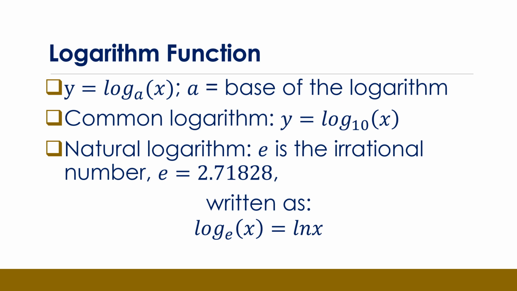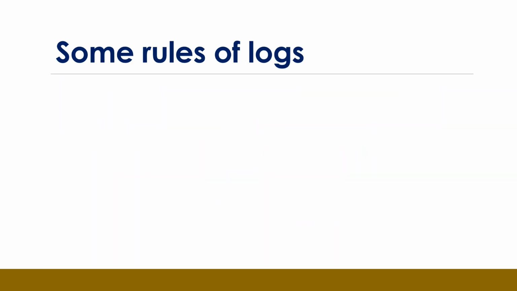This one is pronounced as "ln x". To be able to work with logarithms, it is important we have knowledge of the rules of logarithms. Let's go over a few of them.